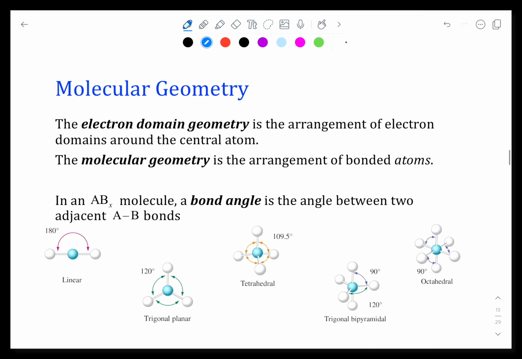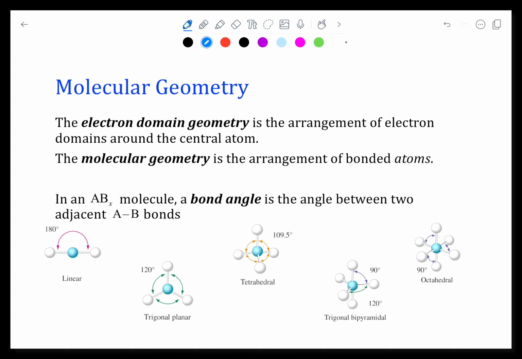But what I want to talk about before we do that is the difference in the types of geometries depending on the structure. So what we've been looking at currently is the electron domain geometry, where we take every electron domain into account that is around that central atom. So this is going to be our lone pairs and our bonds. Okay, when there's a lone pair on the central atom, that's going to change things a little bit.